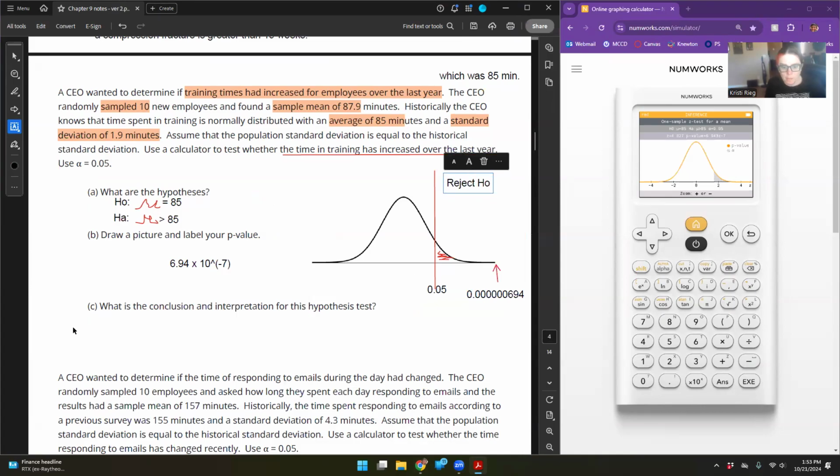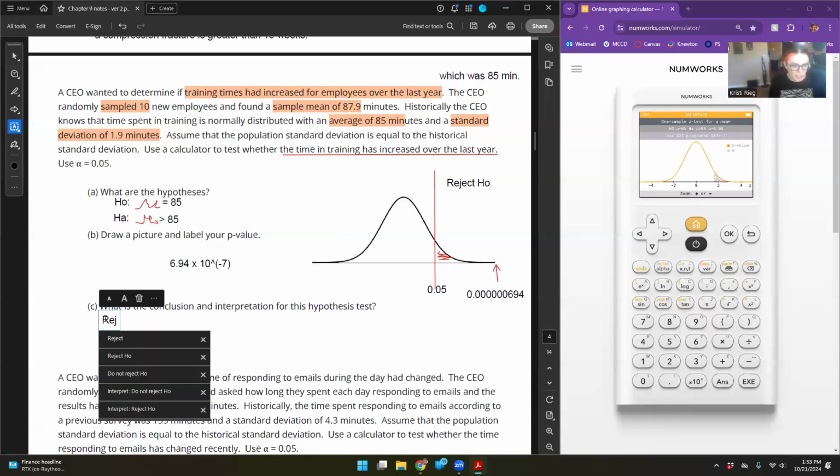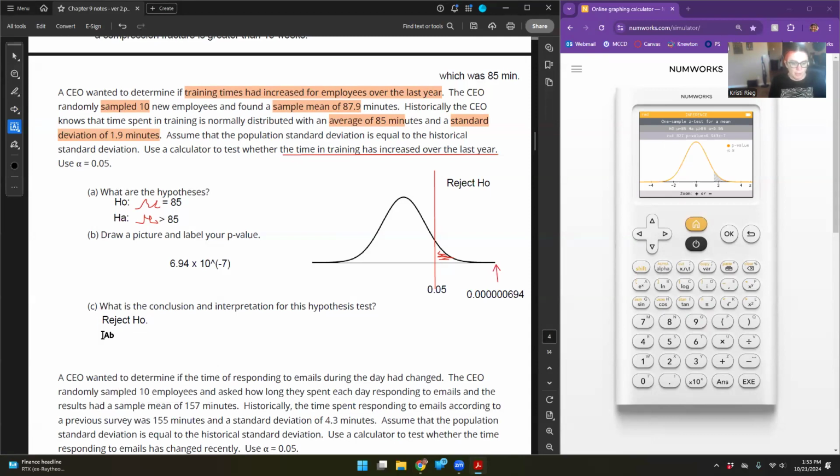Kind of hard to read. There we go. So we will reject the null, and that means there is sufficient evidence to support the claim that training times have increased for employees.